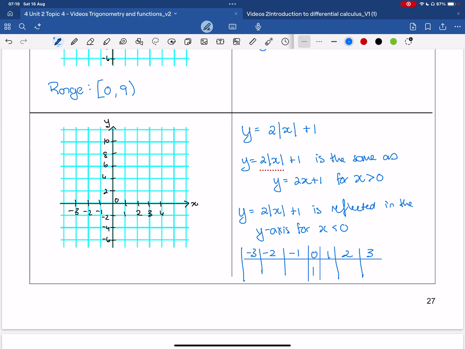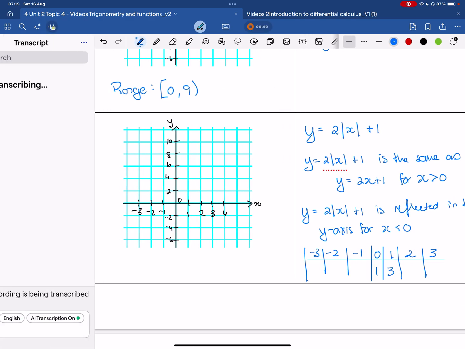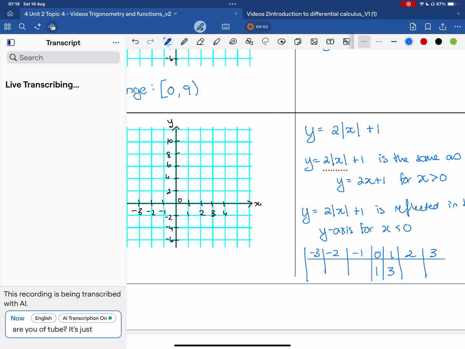So at x equals 0, I get a value of 1. Where x equals 1, well, that's positive. So 2 times the absolute value of 1 is just 1 times 2 is 2 plus 1 is 3. My absolute value of 2 is just 2.